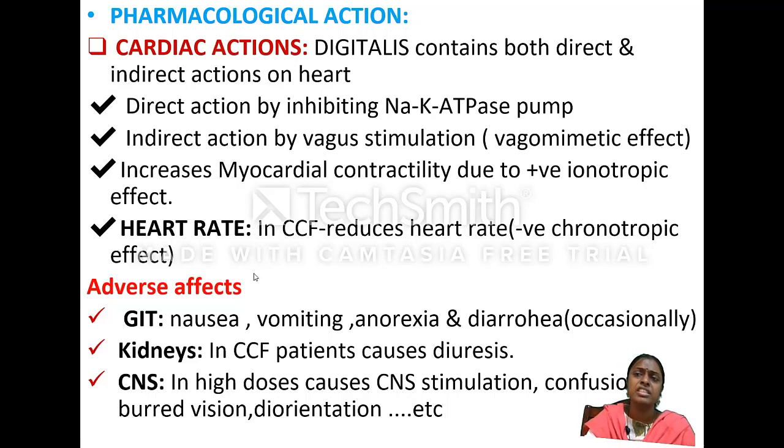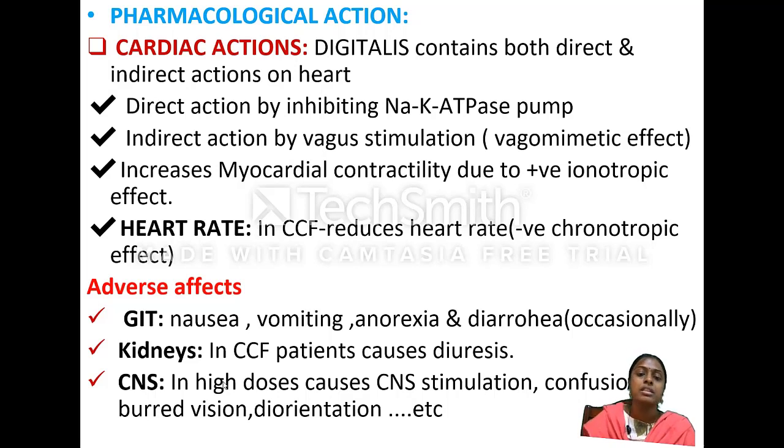First, adverse effects in the GIT: it causes nausea, vomiting and anorexia. Anorexia means the patient will not want to eat. And diarrhea, which is only occasional; most patients won't see it, but a few will. In the kidneys, it will show diuresis, so the patient will go for frequent urination.